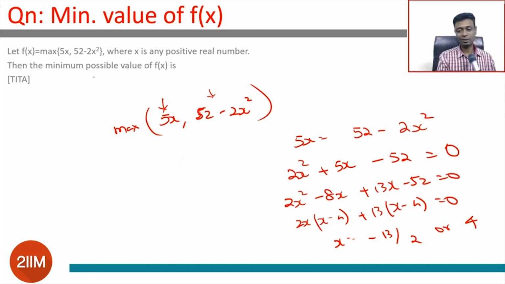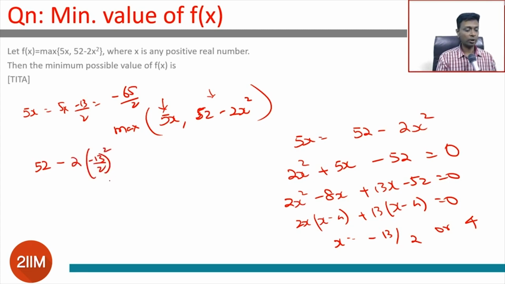So let's put x is minus 13 by 2. So 5 times x is 5 into minus 13 by 2, which is minus 65 by 2. 52 minus 2 times minus 13 by 2 the whole square, or this is 52 minus 2 into 169 by 4.